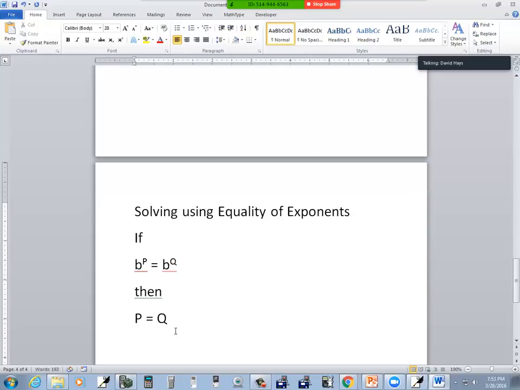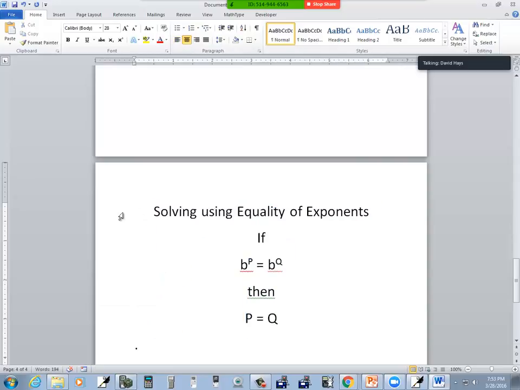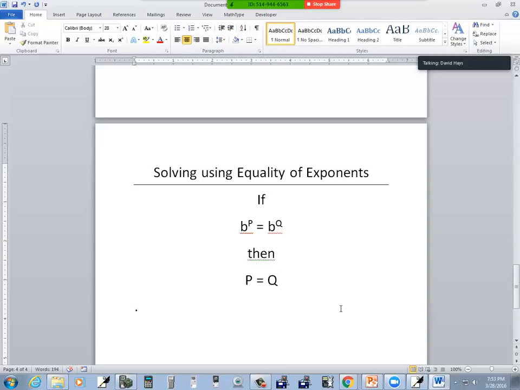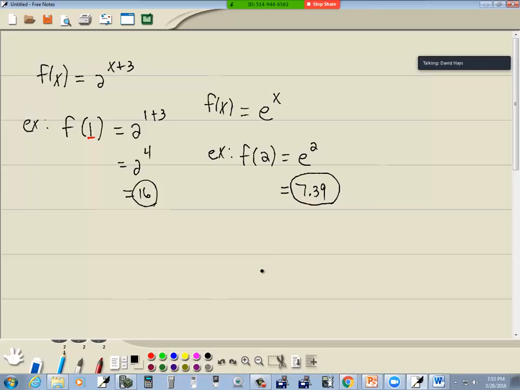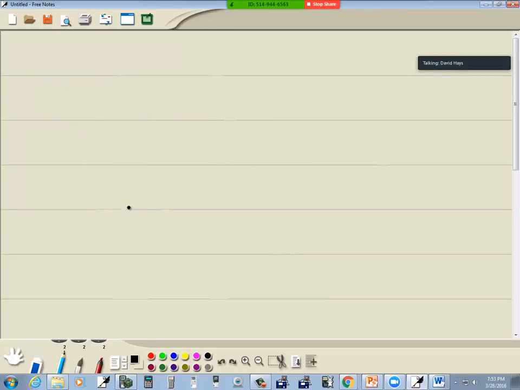P is equal to Q. Very simple idea. Sometimes it's not so simple to get in that form, though. That's sometimes the tricky part. And sometimes you can't, which we'll look at, some examples where you can't and how to solve those.